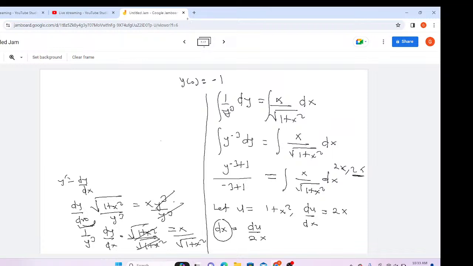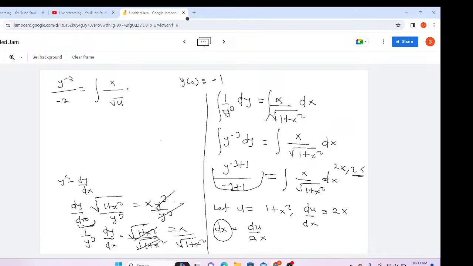Right. So y exponent negative 2 over negative 2 should be equal to integrating this: the integral of x over, now we said let u be 1 plus x squared, so that is root of u.